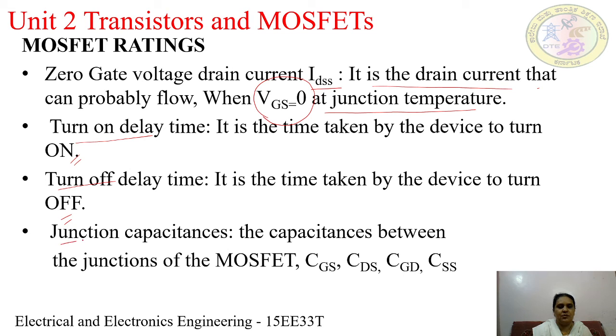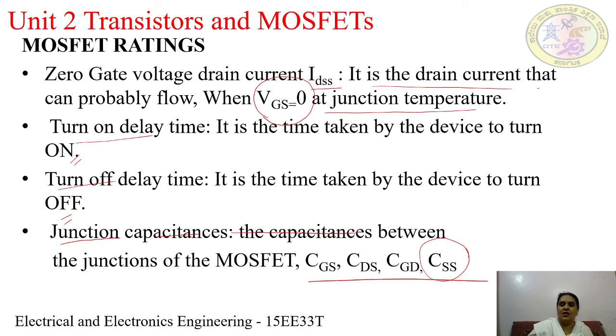Then also the MOSFETs exhibit junction capacitances. CGS, capacitance between gate to source. CDS, capacitance from the drain to source. CGD, capacitance from gate to drain. CSS, capacitance from source to substrate. One more terminal of the MOSFET is the substrate terminal. Usually we are not considering this because internally it will be connected to the source terminal.